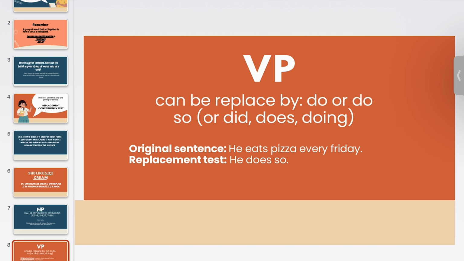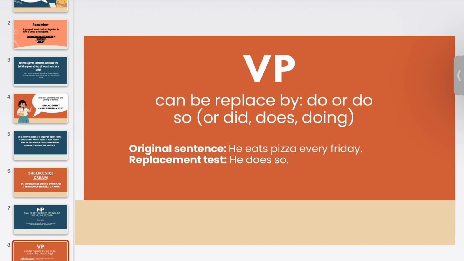So in here, the original sentence says: He eats pizza every Friday. What were the two main constituents that we already saw? A noun phrase and a verb phrase. So what is the noun phrase in this case? He. And then the verb phrase is eats pizza every Friday. All of that is the verb phrase. So easy.